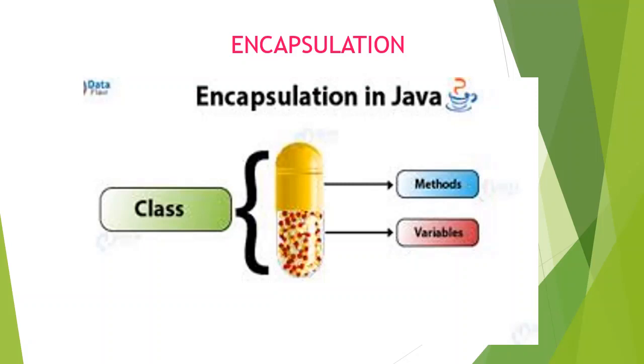We can hide the data so that nobody can use it. In the next classes, we will learn about access specifiers. By using the private access specifier, we can hide the data from the outside world. So the data hiding concept is achieved by this.